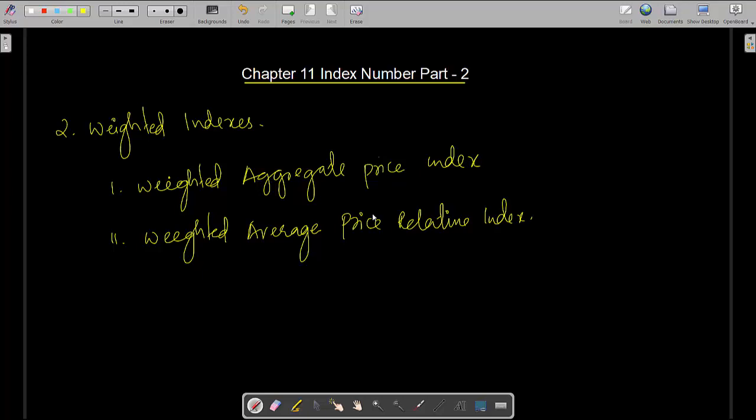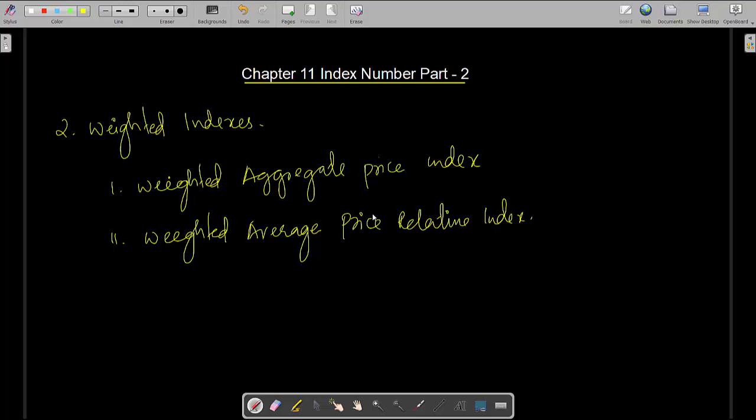We're going to continue with the previous tutorial of chapter 11, index number. This is the second video for the chapter. In the previous video we discussed the meaning of index number and also one method.